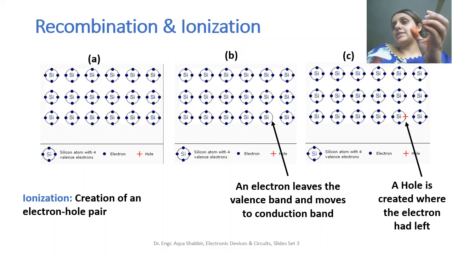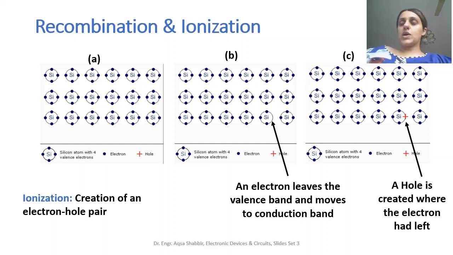So what has happened here is that an electron, due to thermal excitation, left its place inside the valence band, and therefore in its place a hole was created. This is the creation of an electron-hole pair, and this process is called ionization.